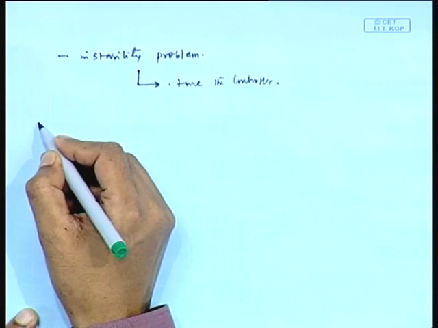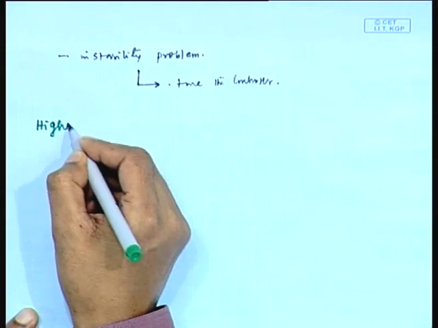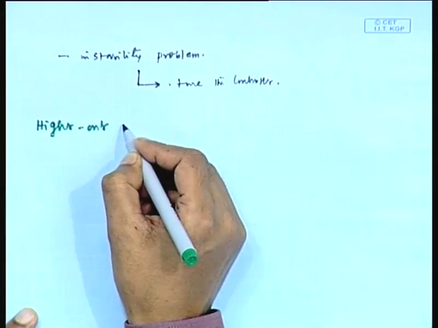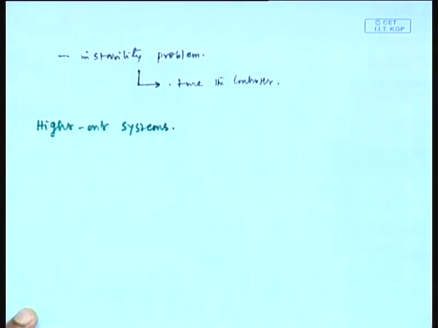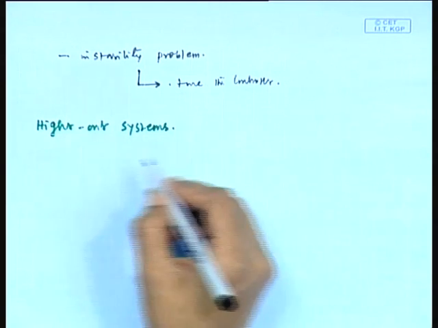Next, we will consider a third order system and we will apply the Bode stability criteria. Higher order systems. Yeah, before the third order system we will consider a second order system, then the third order system.